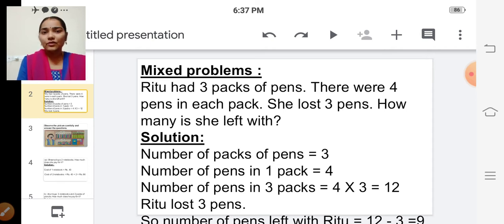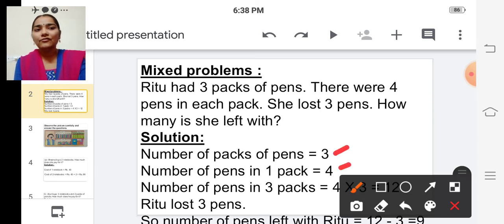So, first we have to find out the total number of pens in 3 packs. For that, what we have to do? We have to multiply the number of packs into the number of pens in one pack. That is, we have to multiply this 3 and 4.